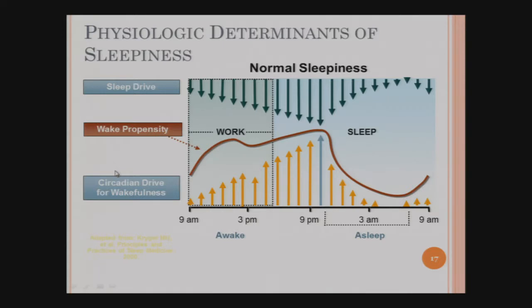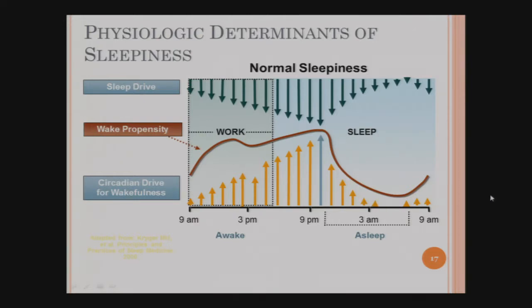And then your circadian drive. Your circadian drive for wakefulness keeps going up during the day and then falls in the nighttime. You'll see there's a dip in your circadian drive around 3 p.m., and the lowest during the night is 3 a.m. That'll come up later in the presentation on how you can take advantage of that.